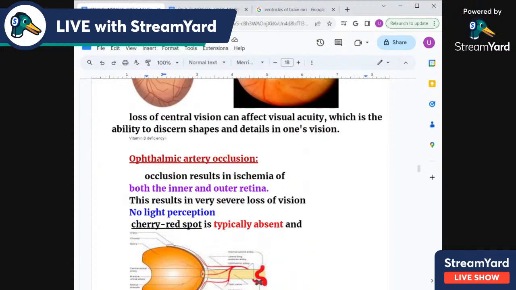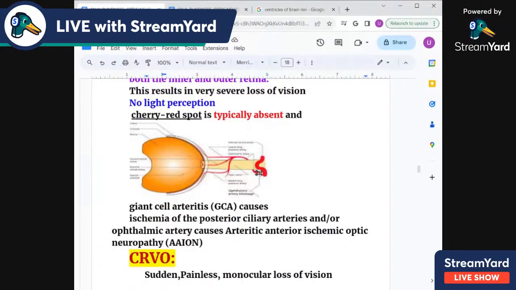And if the ophthalmic artery is blocked, which is the main artery, the total blood supply to the eyeball, the retina and the optic nerve is obstructed. So that causes more severe blindness with no appearance of the cherry red spot. So absence of cherry red spot is an ominous sign.